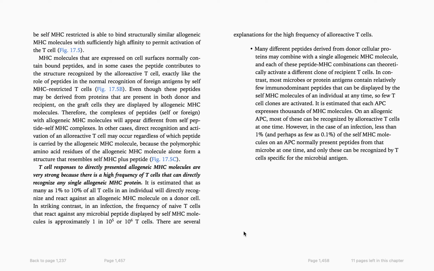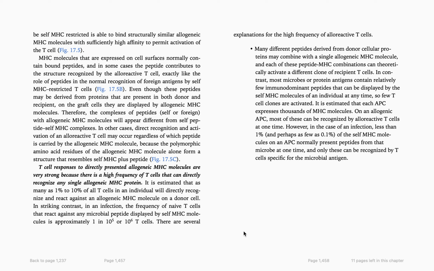MHC molecules that are expressed on the cell surface normally contain bound peptide, and in some cases the peptide contributes to the structural recognition by alloreactive T cells, exactly like the role of peptide in the normal recognition of foreign antigen by self-MHC-restricted T cells. Even though these peptides may be derived from proteins that are present in both donor and recipient, on the graft cells they are displayed by allogenic MHC molecules.